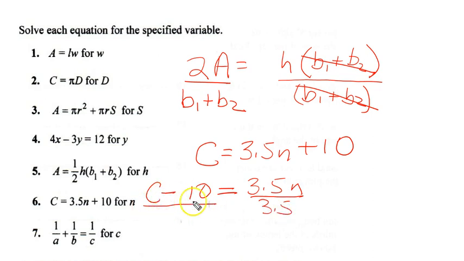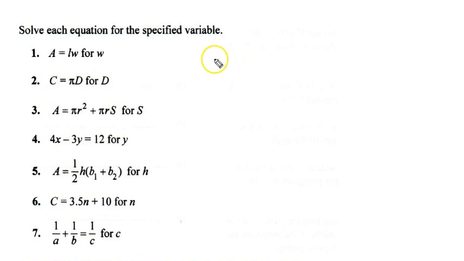And here we can make a big division bar. Now, generally, when you write fractions, keep the fraction bars horizontal. That's a good technique. And here, of course, the 3.5's cancel out, and n equals that. All right, we're ready for our last one, which is a little more challenging, but it works the same way.